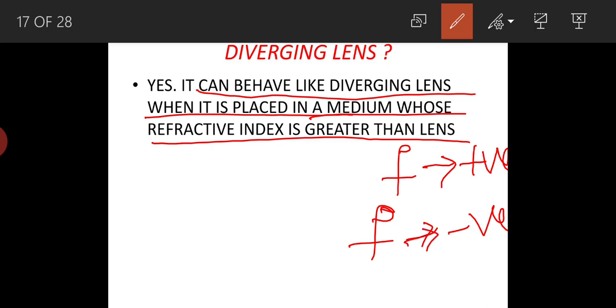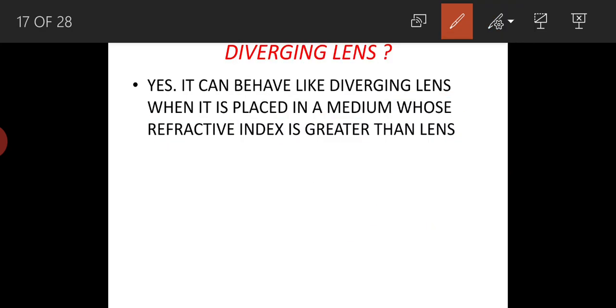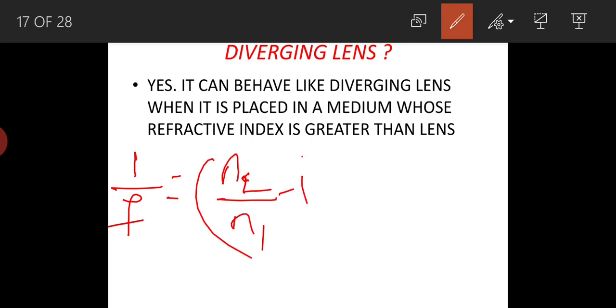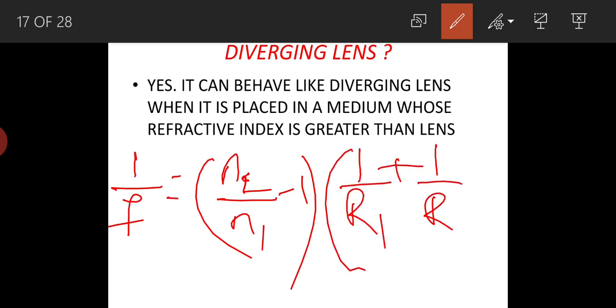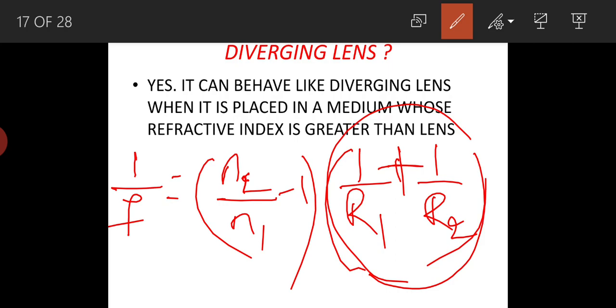Now in order to find focal length, we have one formula, that is 1/f = (n2/n1 - 1)(1/r1 + 1/r2). This is the formula for a convex lens, and in this formula the term 1/r1 + 1/r2 is always positive.